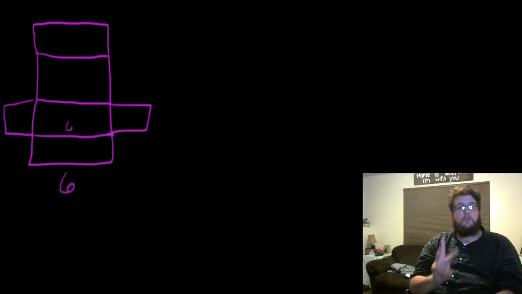Alright, number 5 gives us a 3D figure, and I'm going to just sketch out the net and go from there. Alright, based on the information that it has given me, I know that this part is 6, therefore all of these must be 6.